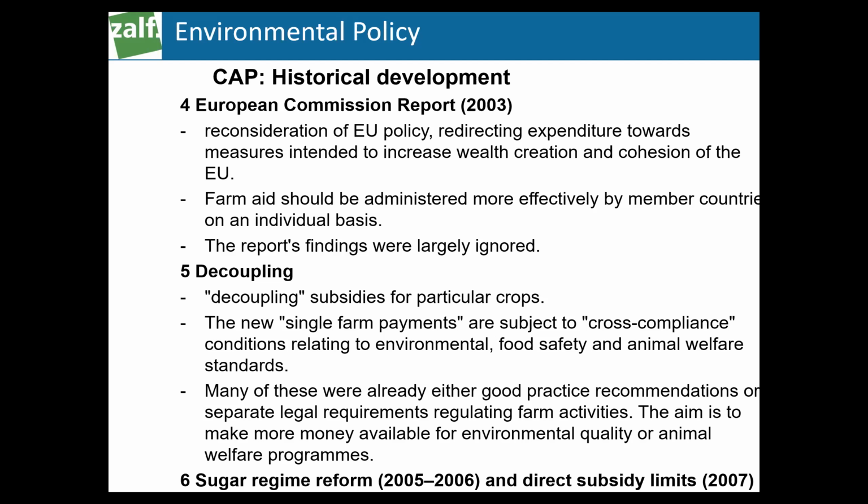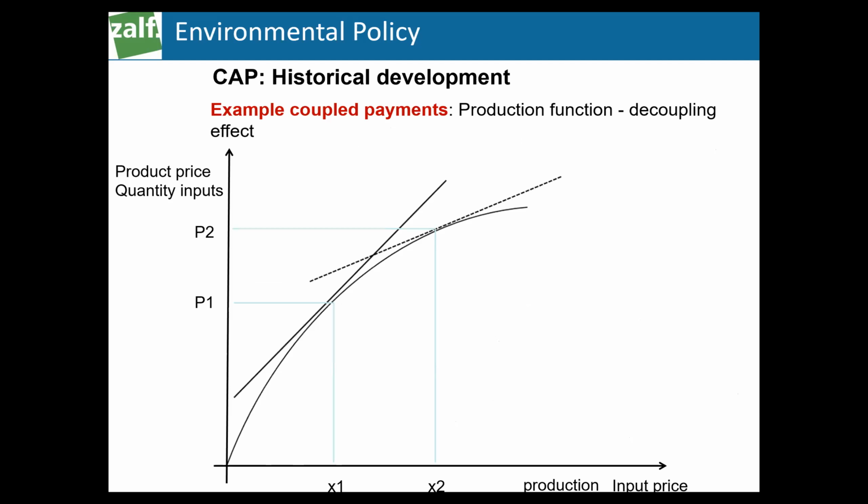And the single farm payments and the cross compliance are the major instruments of this reform step, which was successfully implemented. There was also the sugar regime, the sugar beet quota. But what is the effect of moving from subsidies to general single payment schemes?